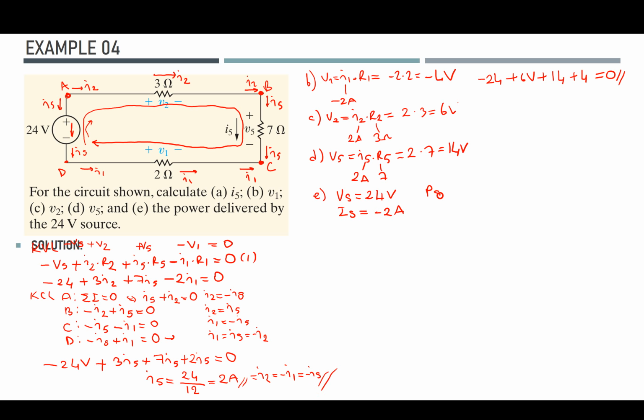So the power consumption of the voltage source should be Vs times Is, and that's going to be 24 times minus 2, which would give me minus 48 watts. Let us continue with the next question.